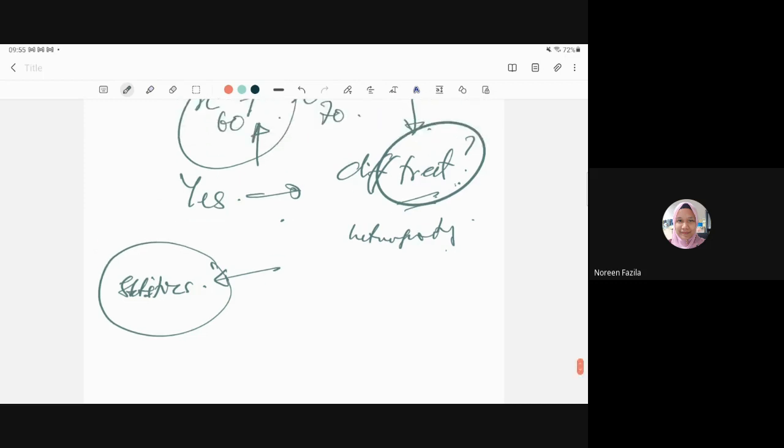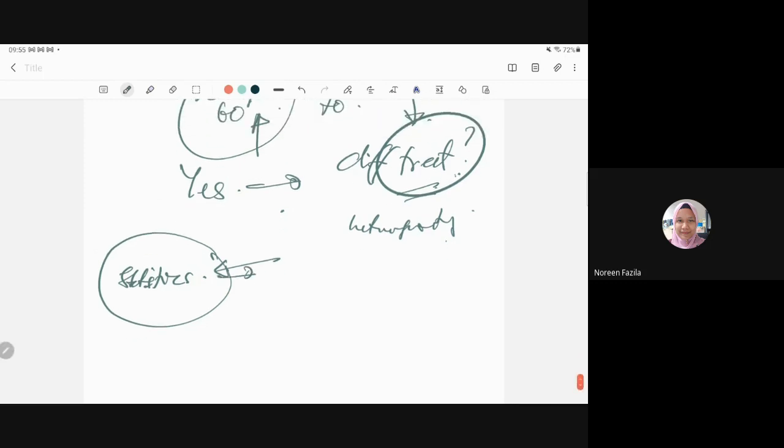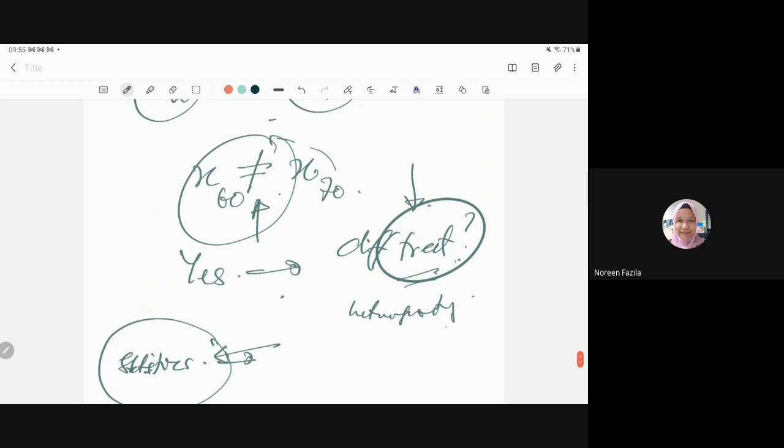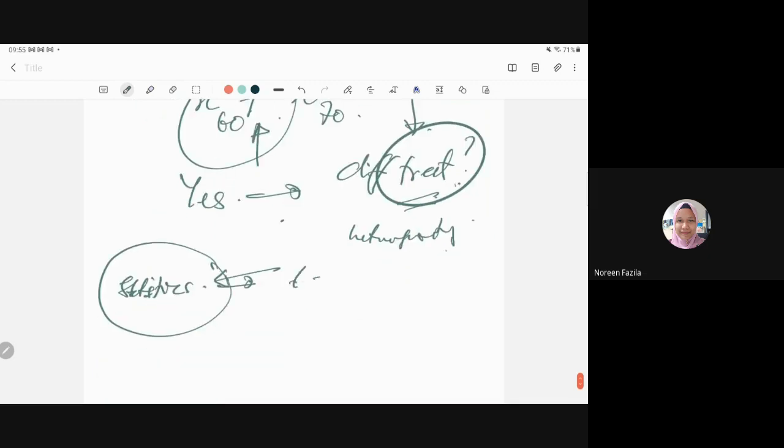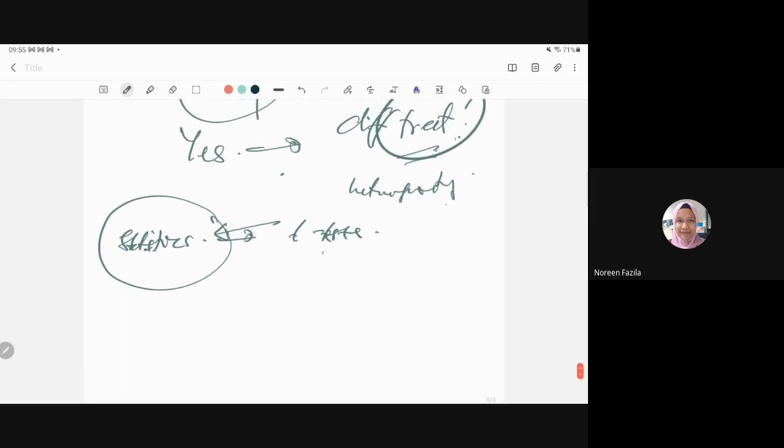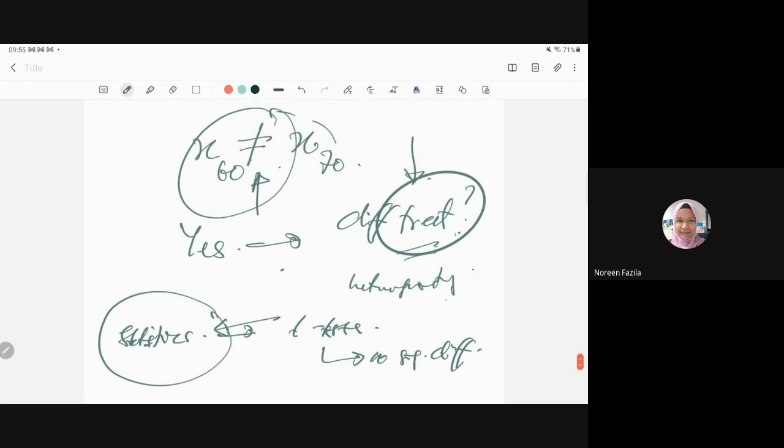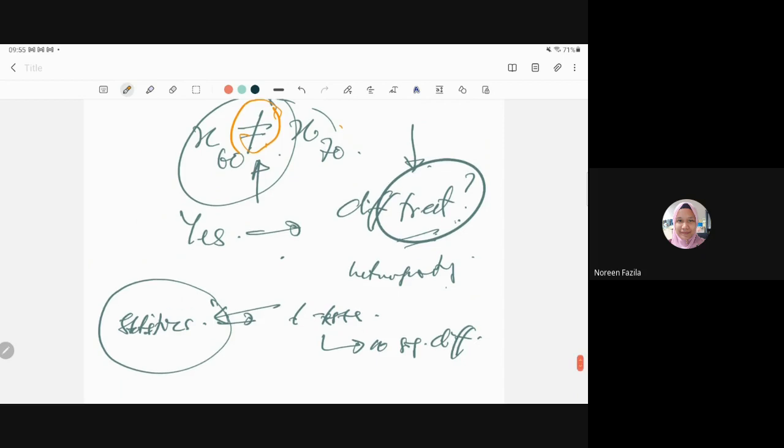For example, we do a t-test, and the t-test comes out with no significant difference, meaning that even though we see a difference over here, the difference is due to the heterogeneity of the sample.